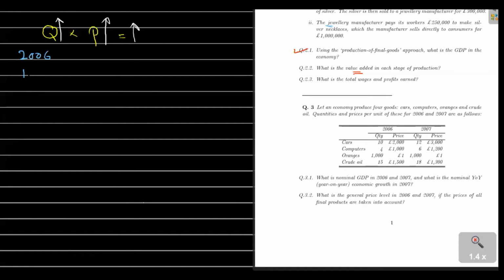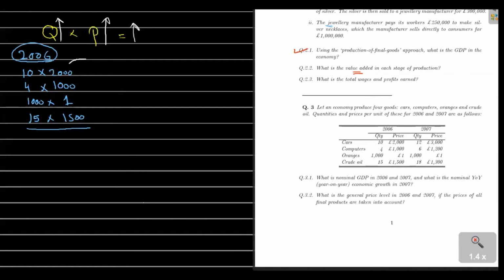So we have 10 cars times 2,000 each, plus we have 4 computers times 1,000 each, 1,000 pounds each, and again 1,000 oranges times 1 pound, and finally 15 oil times 1,500.